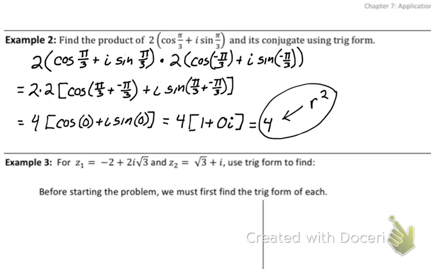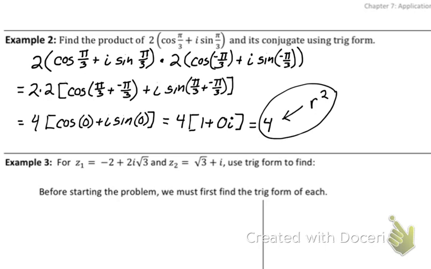That is the only step you have to do when you're multiplying the conjugate when it's in trig form: you just have to square this number. So if this is in trig form and this was a 6, I don't care what's written in here. This could be 3,000 pi over a billion. I don't care what's written here. As soon as it says multiply by its conjugate, your answer would be 6 squared. If this was 10, it'd be 10 squared.